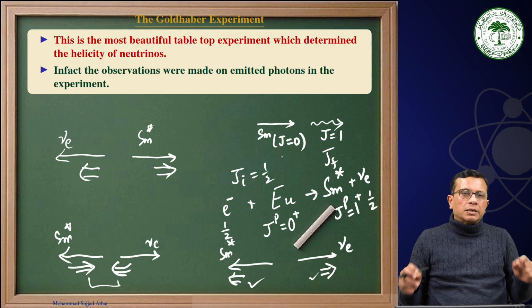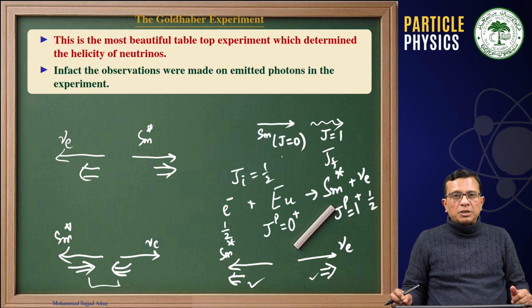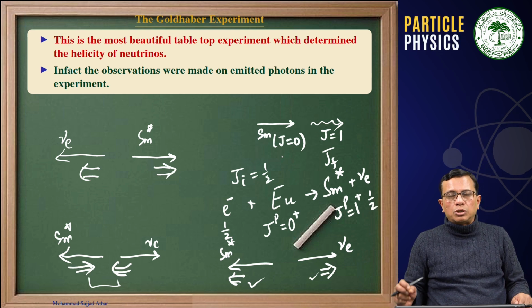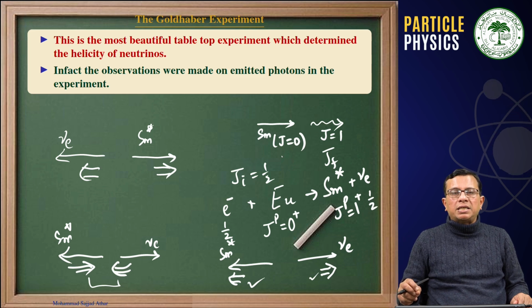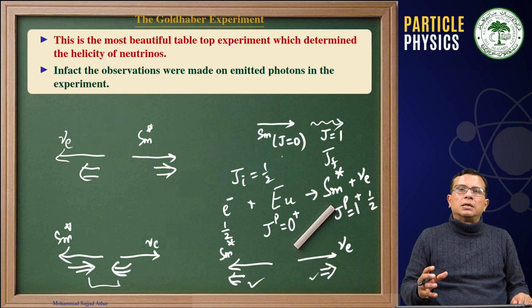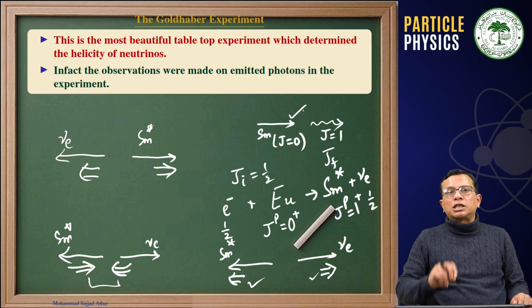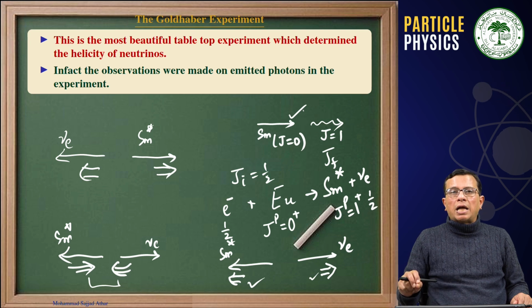Therefore, the hard work was for the choice of the nucleus which captures the electron, goes on to an excited state, and then the de-excitation gives a nucleus which has J equal to 0, and it transfers its angular momenta to the photon.